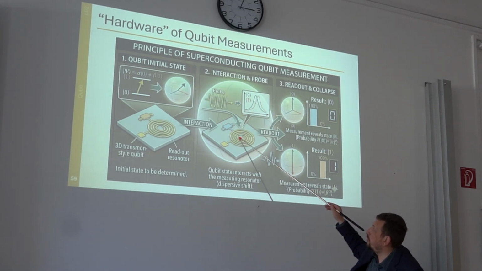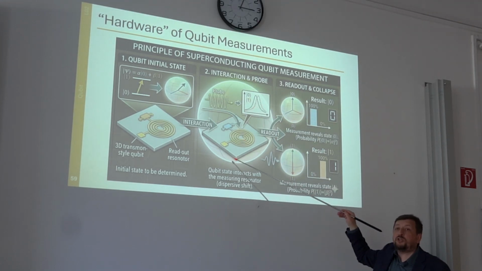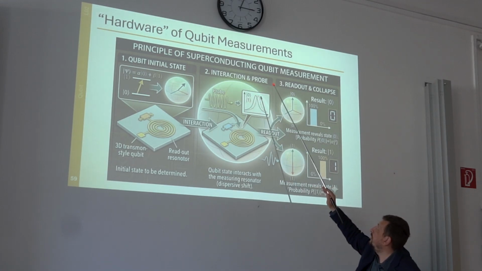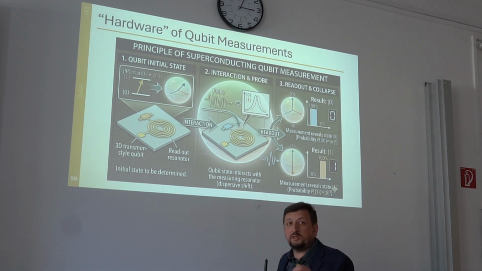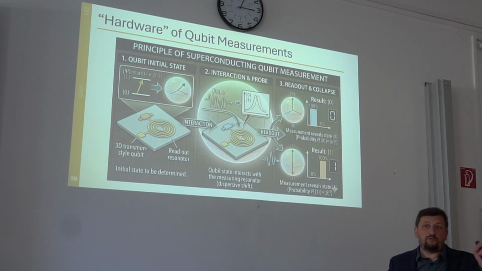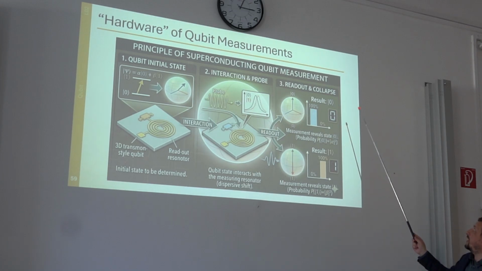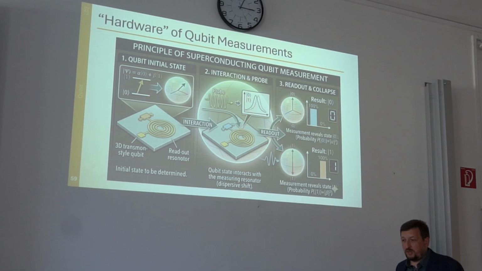Then we send a probe signal into this resonator, and we measure the phase shift of the reflected signal and determine whether we have the resonance frequency corresponding to state 0 or state 1. This is how readout is done for superconducting qubits. For other qubits, it's done differently. As the result of this readout, we will get result 0, so the qubit is in 0, or we will get result 1, so the qubit is in state 1.